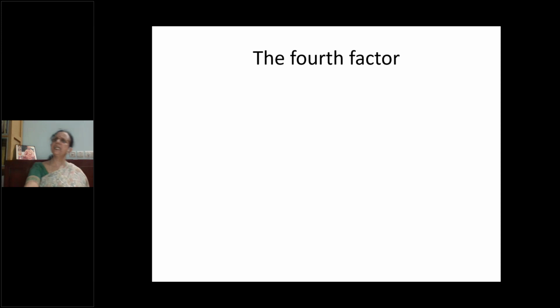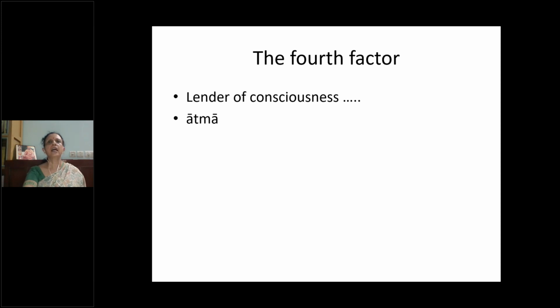Who is the lender of this consciousness? We say Aatma. The lender of the consciousness is Aatma. So the fourth factor in human personality, which is the lender of consciousness to the first three factors, that is Shariratrayam, is Aatma.